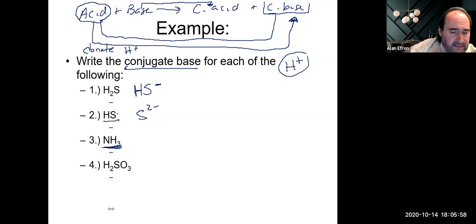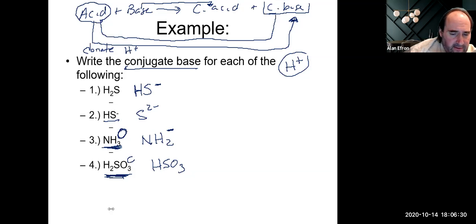Same approach here. Again, we're assuming this is an acid, so we want to get rid of an H. So NH2. There's no charge here, but when I get rid of that positive charge, I become one more negative, and it would be NH2 minus. And lastly here, assuming this is an acid, we're going to get rid of the H. That gives us one H, an S, an O, a 3.